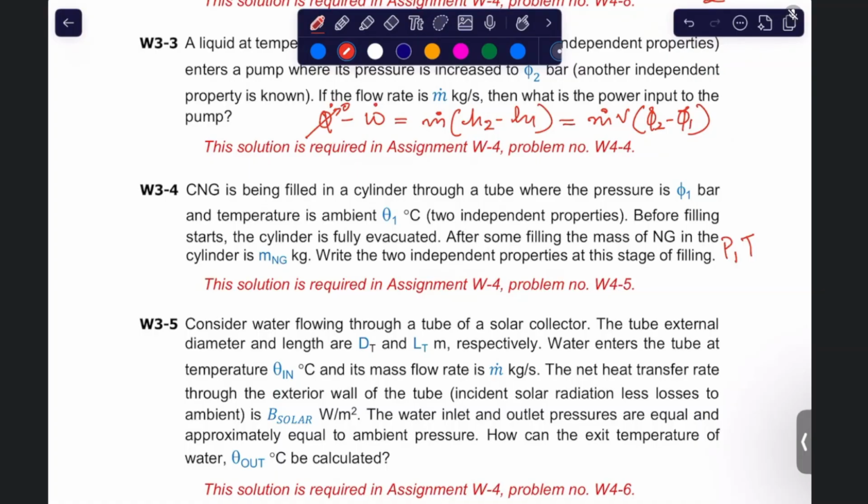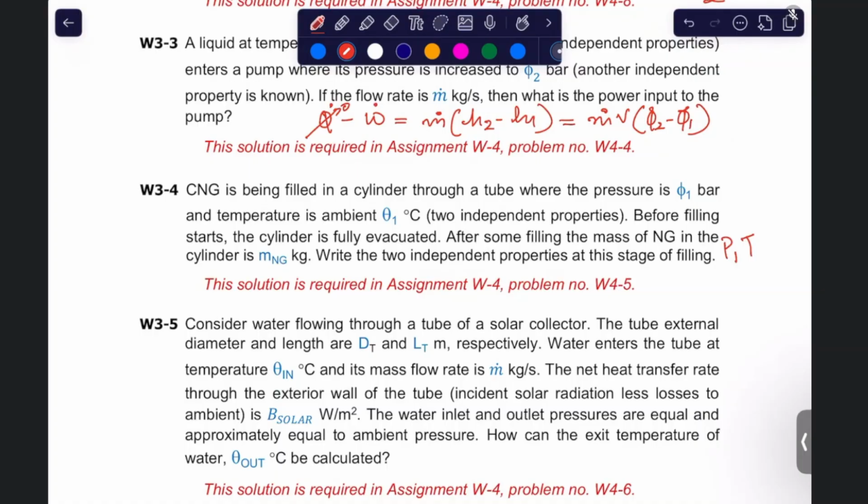Because of expansion, what we call Joule's effect, the temperature will be lowering, so temperature changes also. Because the question states that mass is m_ng, and we know the filling conditions like Phi1 and theta 1.